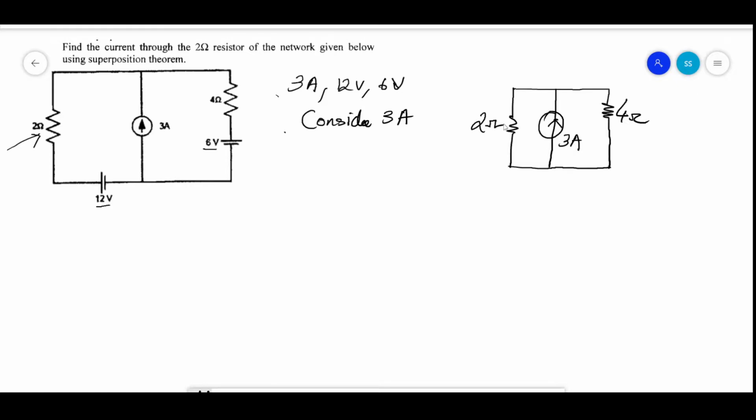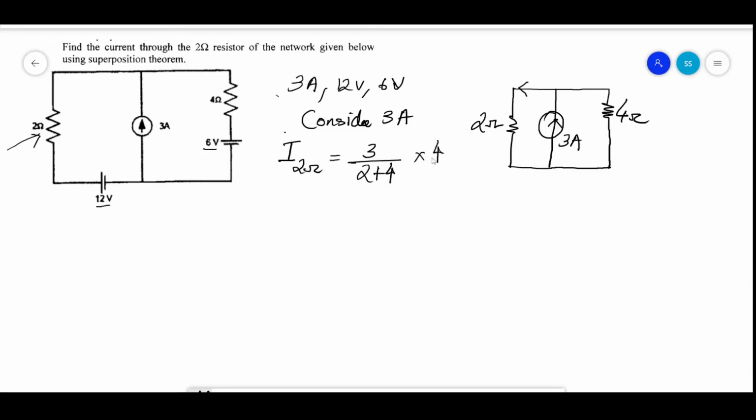Now we can use the current divider rule to find the current through the 2 ohm resistor. The current through the 2 ohm, I of 2 ohm, is equal to 3 divided by 2 plus 4, times the opposite resistance, that is 4.